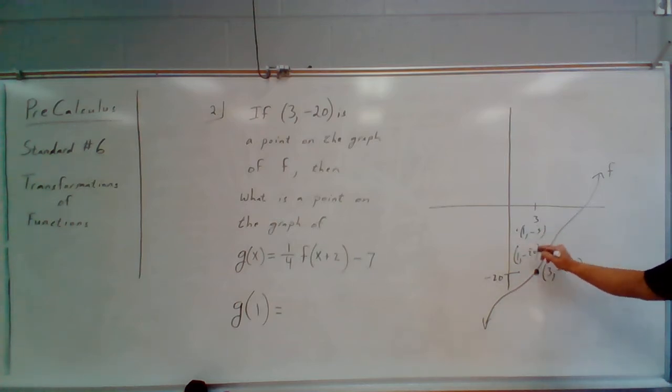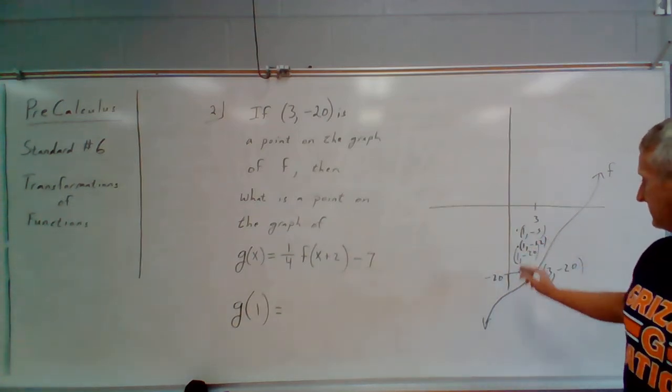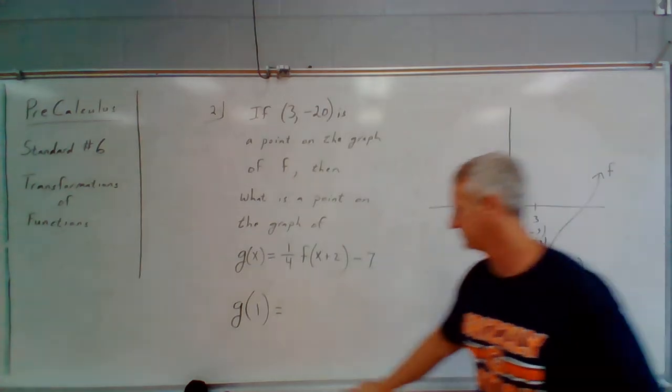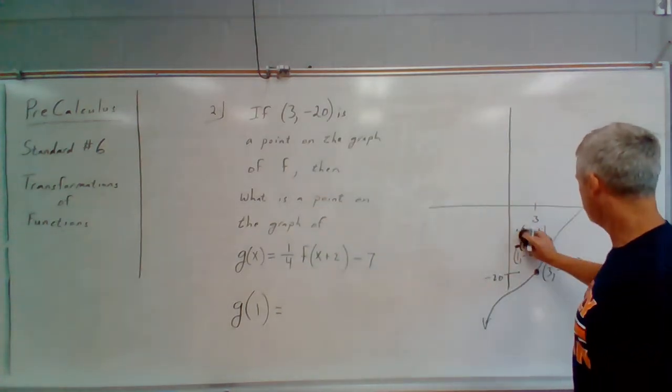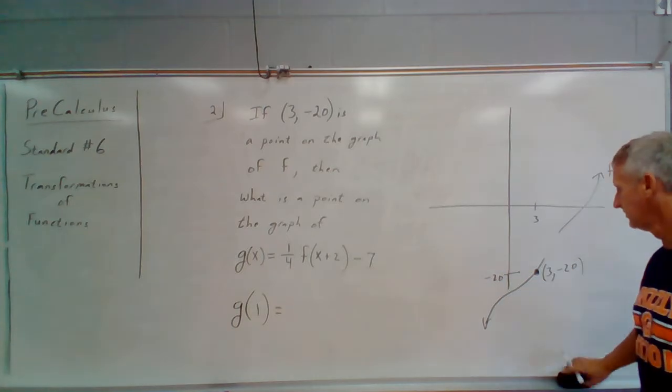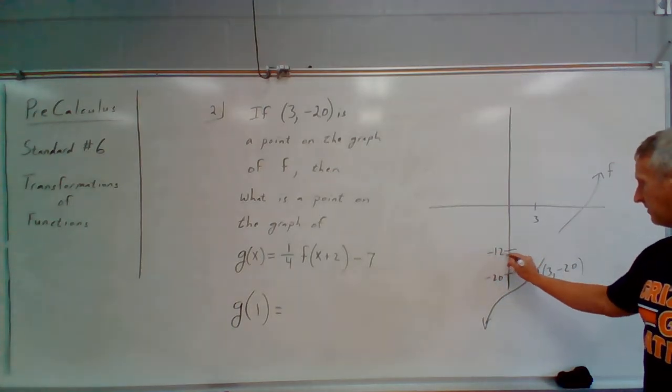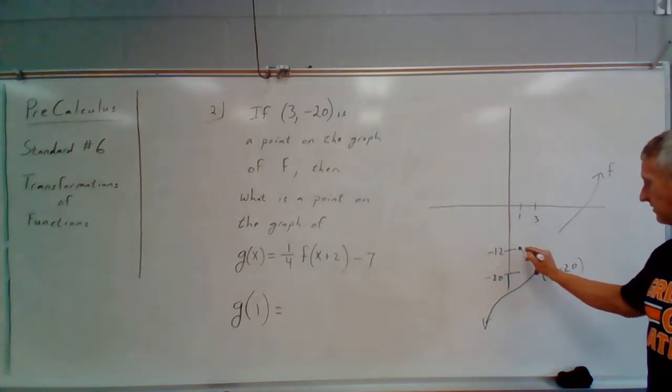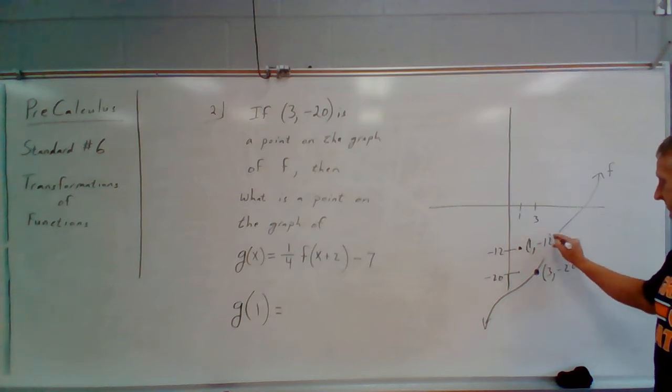Or excuse me, it's going to go down 7, so I'll have the point 1, -12 right there. So I think that the point 1, -12 should be on the graph. There's 1, -12.